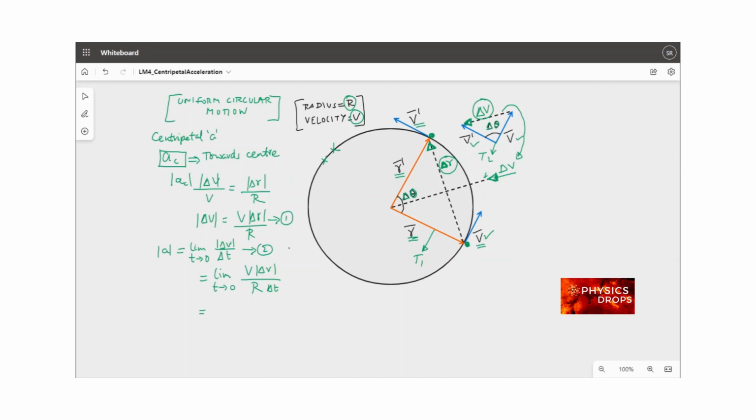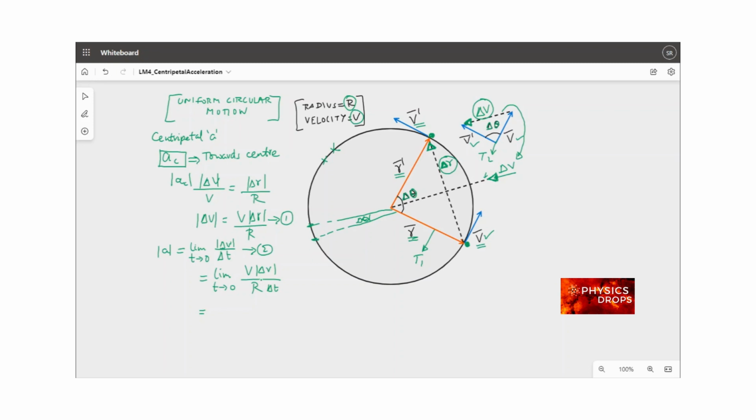Now another equation. Let's take this delta theta to be a very small angle. It's actually magnified here. If theta is very small, then I can approximate this portion of the circumference to a straight line. So we can apply the linear rule here, that displacement is velocity multiplied by time.